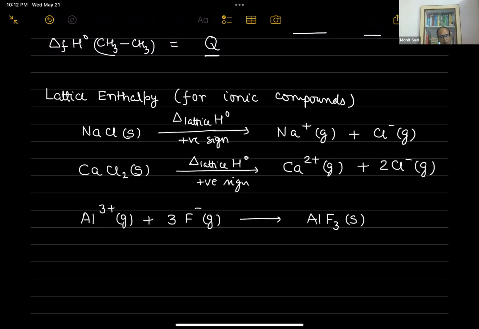It is not broken into ions. The ions are combining to form an ionic compound. So the amount of heat will be negative. Is it clear? So when the ions come together, their energy decreases and the heat is liberated. Right? So basically the combination reactions are all negative and the decomposition reactions are positive. Yeah, exactly.